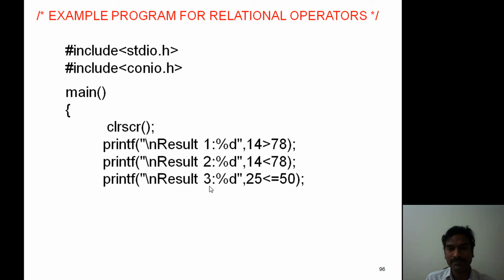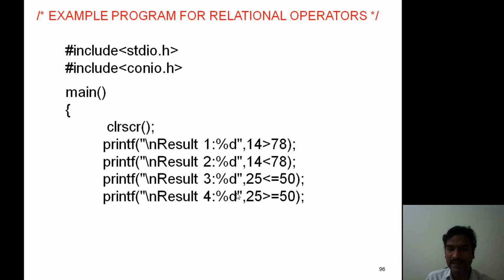Result 3. 25 is less than or equivalent to 50. True. Hence, this value is 1. Result 4. 25 is greater than or equivalent to 50. False.